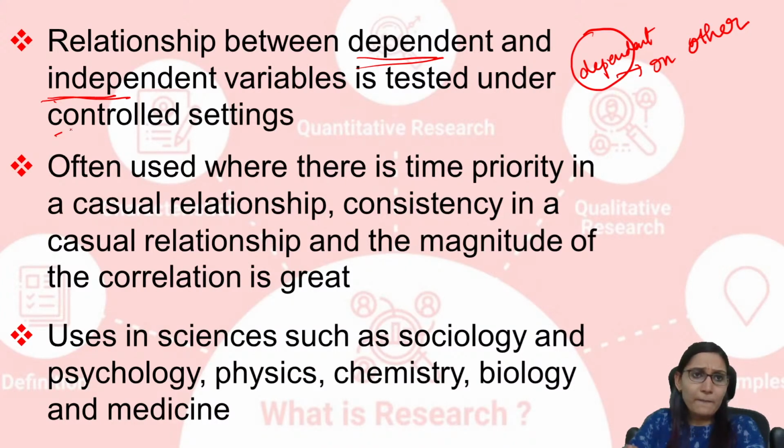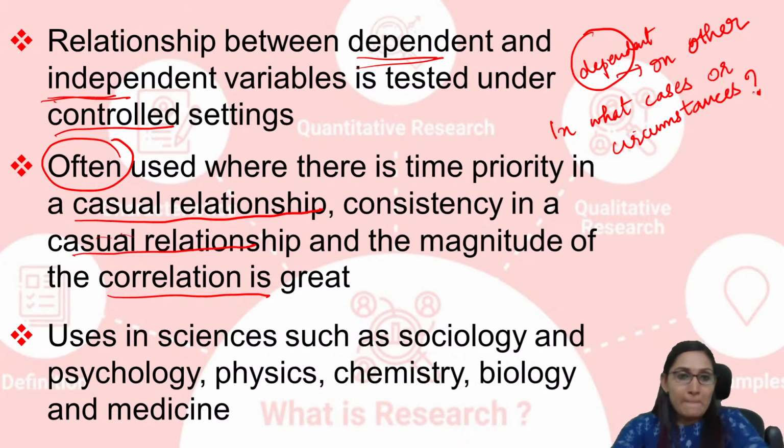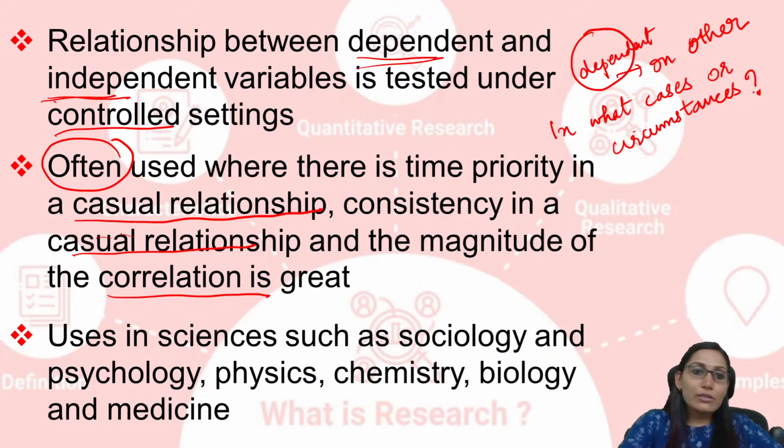In what circumstances is experimental research used? It is used where there is time priority in a causal relationship, consistency in a causal relationship, and the magnitude of the correlation is great.